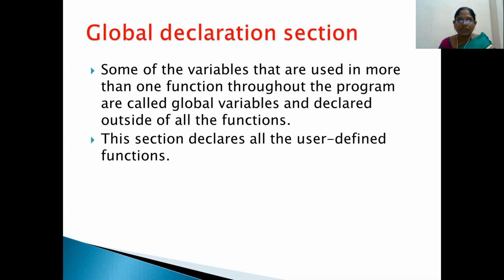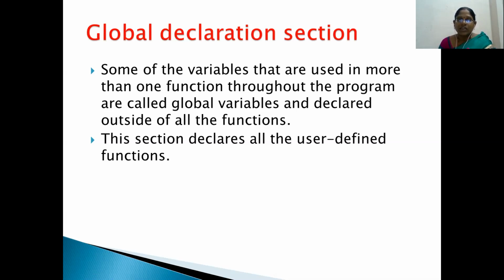Before the main and after the link section, you will have one part called your global declaration. For example, excluding main, if you are having some 4 to 5 functions, and in all those functions you are using one variable called i, and you are initializing that value with 0, or simply not assigning the value, instead of declaring it in each and every function, you can declare that variable outside the main function.